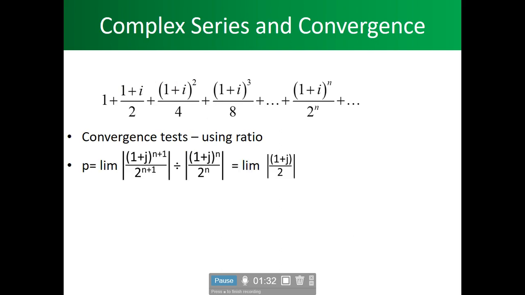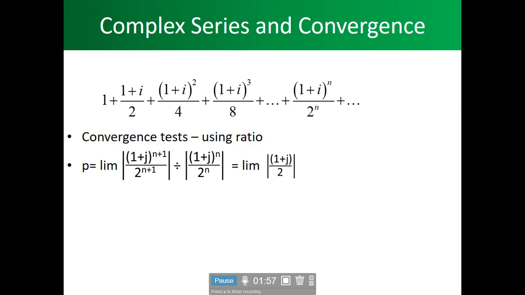So, as you can see, we've taken the absolute value of both terms. This is the A of n, this is the A of n plus 1. As you can see, wherever we had n, we added n plus 1. And with the numerator, we have the term 1 plus j, that quantity raised to the n plus 1 term.